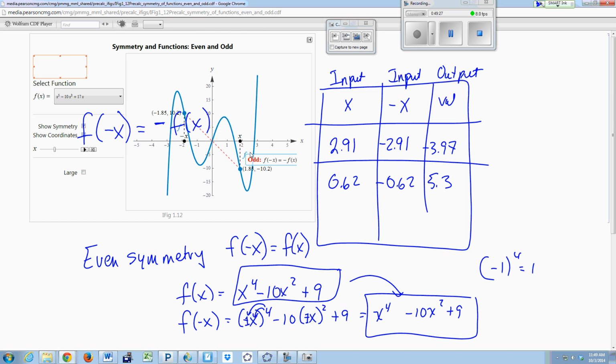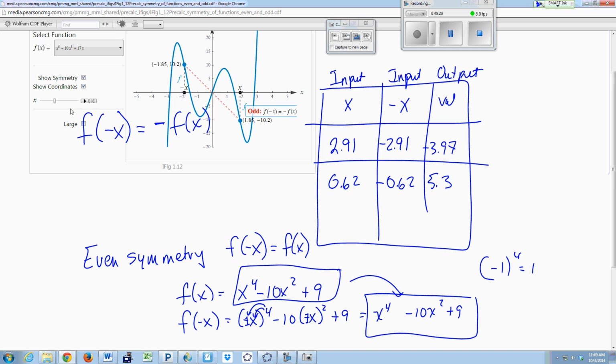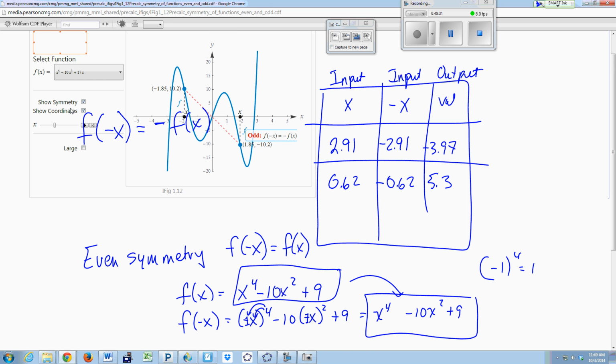So if you wanted to show that with this function, x to the fifth, let's keep the function here. F of x is x to the fifth minus 10x cubed plus 17x. Let's find f of the opposite of x. F of the opposite of x is this. The opposite of x to the fifth power minus 10 times the opposite of x to the third power plus 17 times the opposite of x.